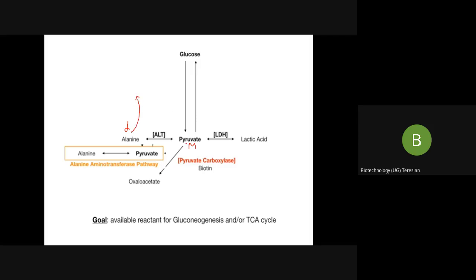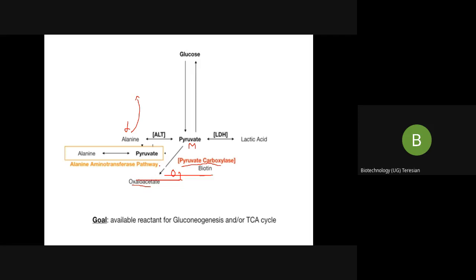Another pathway is that pyruvate can get converted into oxaloacetate in the presence of oxygen. What is the enzyme involved? The enzyme involved is pyruvate carboxylase, and we have a cofactor, biotin, which enhances this reaction. Where does this oxaloacetate come from?